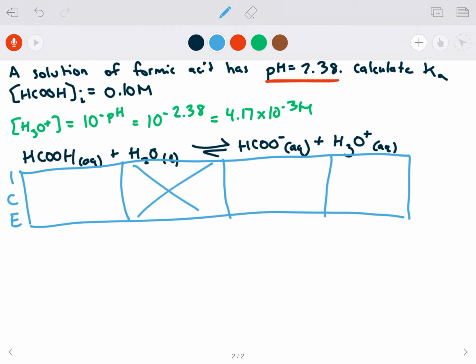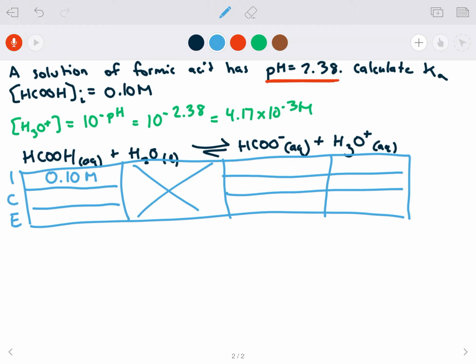I'm not considering the water because it's a liquid, so I just X that out. Initially, 0.10 molar formic acid. I have none of either the formate or the hydronium ion. This is minus X, plus X, plus X. And I know the final amount here is going to be 0.10 minus X, X, and X.